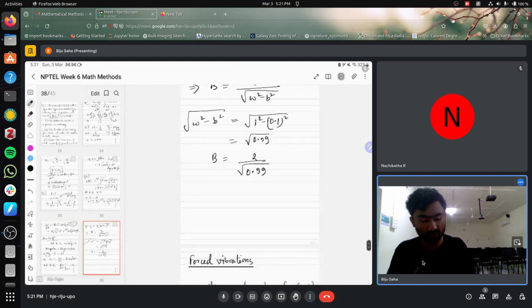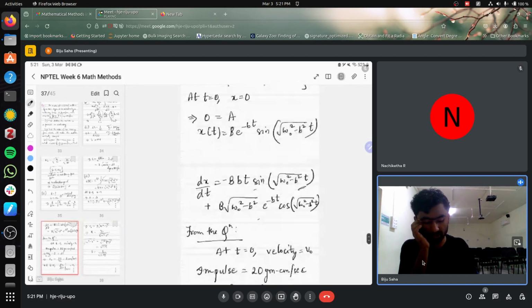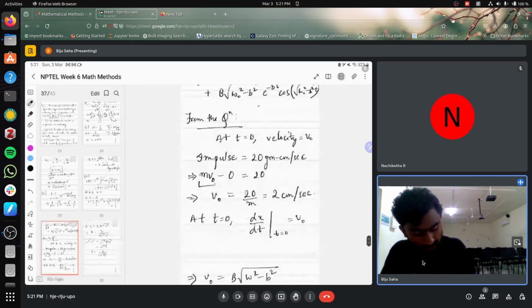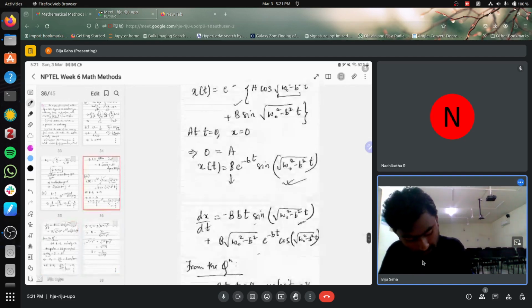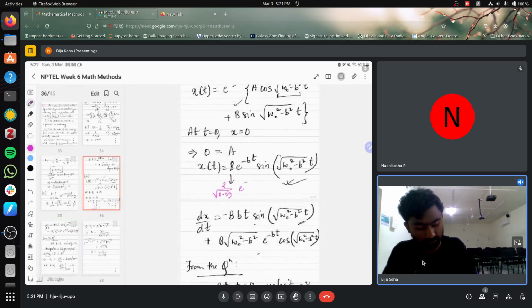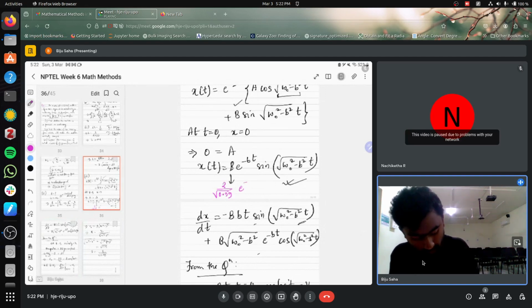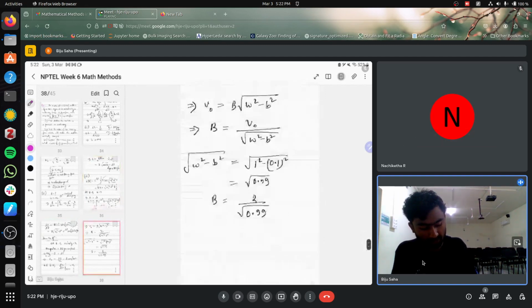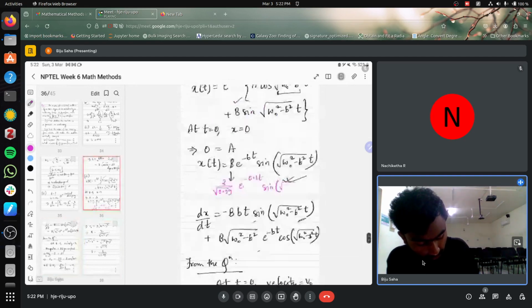So let's put all of this in the solution. This was my solution here. So putting B is equal to this 2 by 0.99, e to the power minus 0.1, sine of root of 0.99 t.